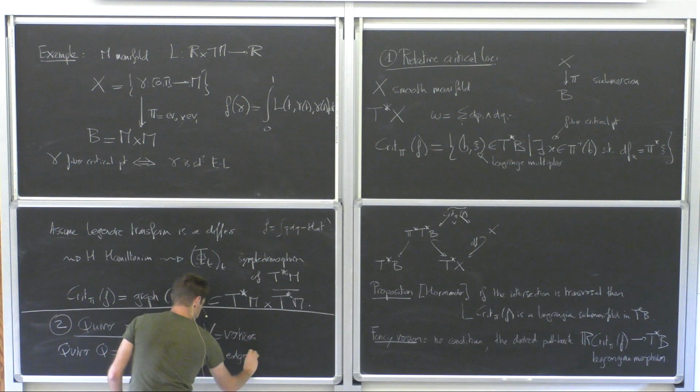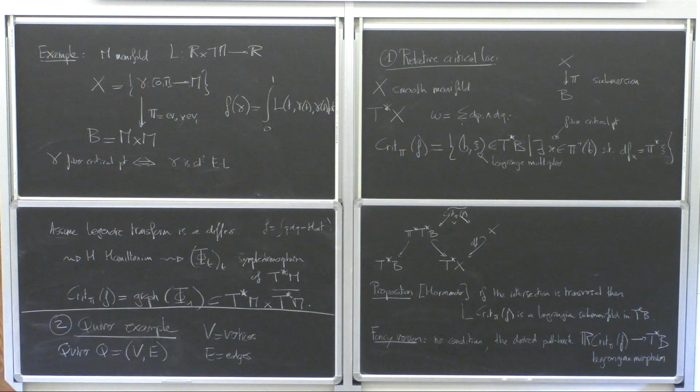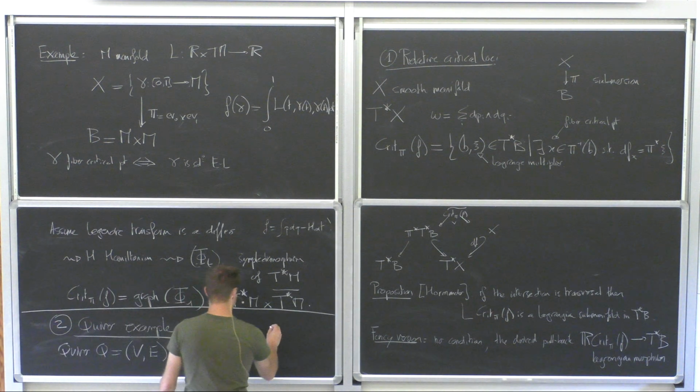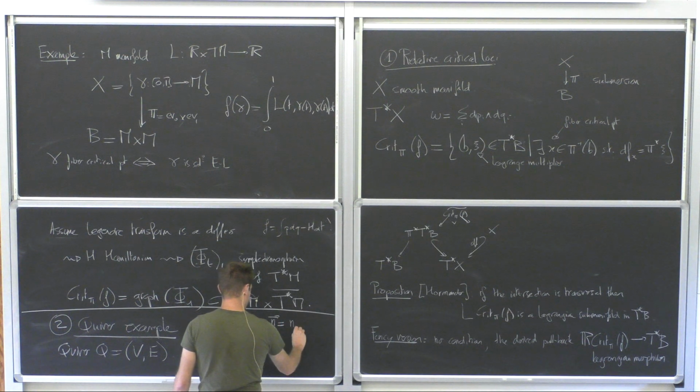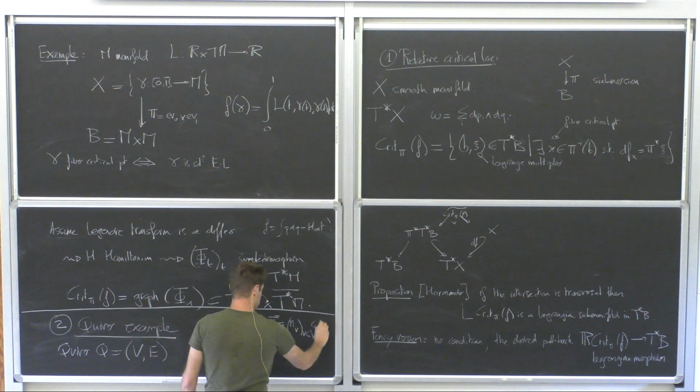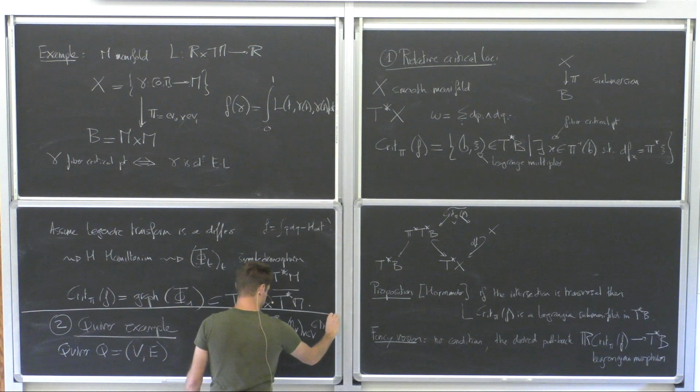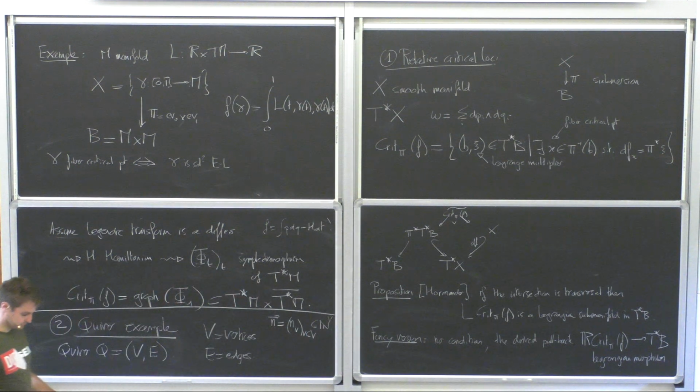So it's just an oriented graph with a finite number of vertices and a finite number of edges. And I'm going to fix n, a dimension vector. That's just a collection of numbers, an integer at every vertex, right?